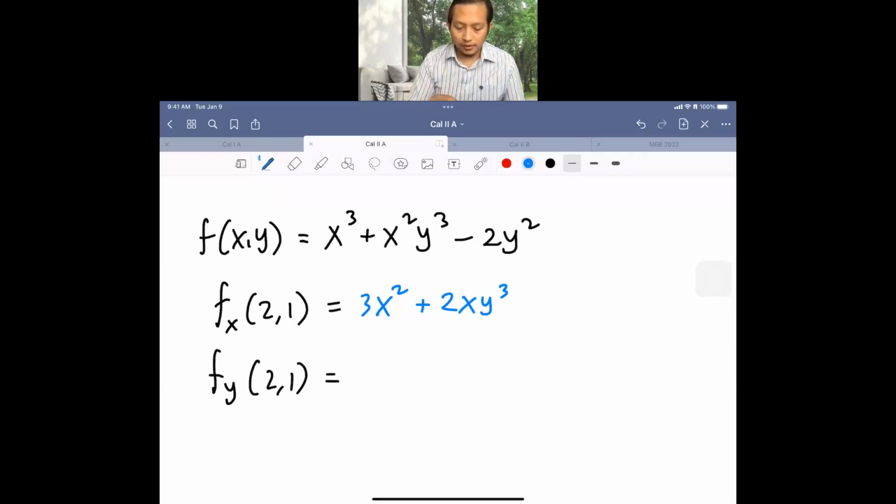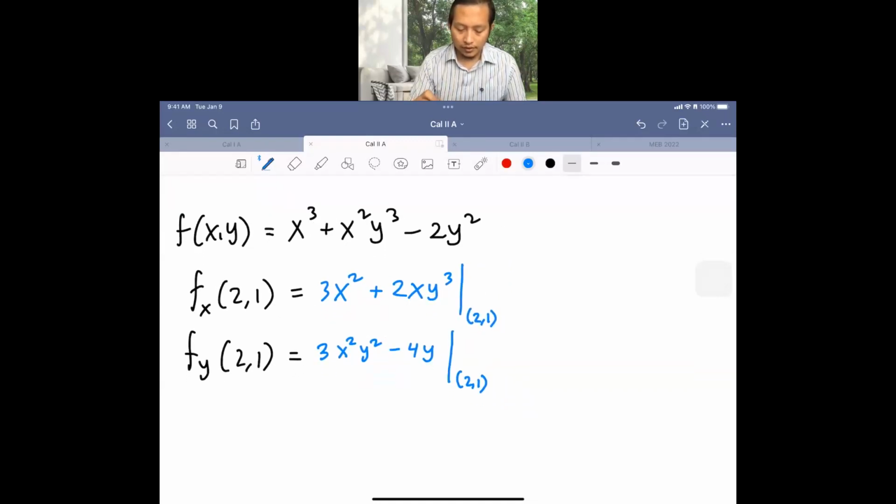Now partial y, x cubed will be 0, and the middle part will be 3x squared y squared, and then minus 4y. Okay, and then we need to apply this (2, 1).